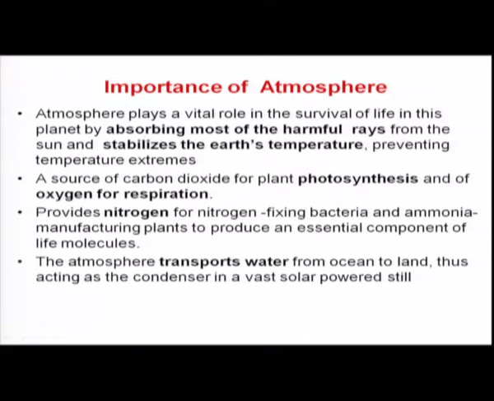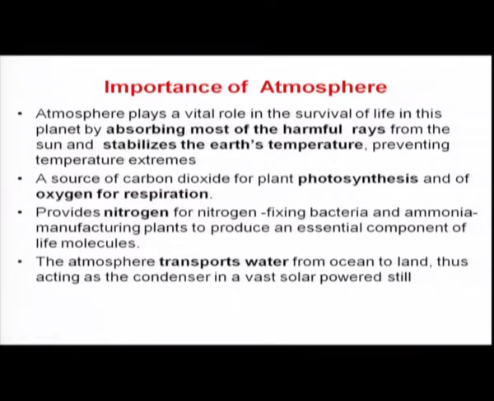Next, the atmosphere provides a very important chemical, namely carbon dioxide, for plants for photosynthesis, through which whatever green planet we see is because of this carbon dioxide that comes from the atmosphere.